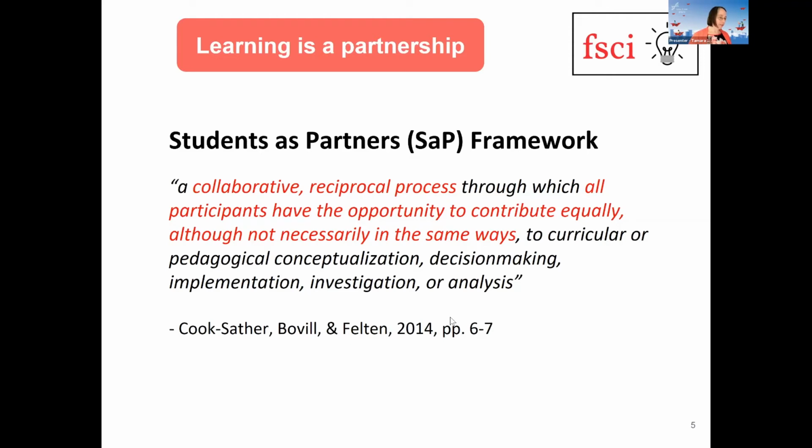I have a quote here from the book by Alison Cook-Sather and colleagues: students as partners is a collaborative, reciprocal process through which all participants have the opportunity to contribute equally, although not necessarily in the same ways, to different aspects of teaching and learning, be it in the design, the implementation, or the assessment of how things are going.